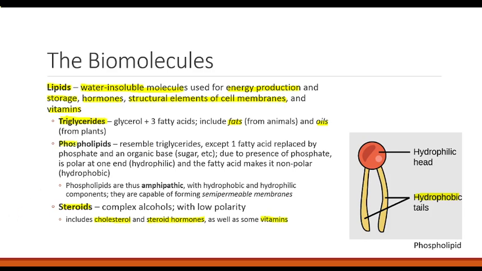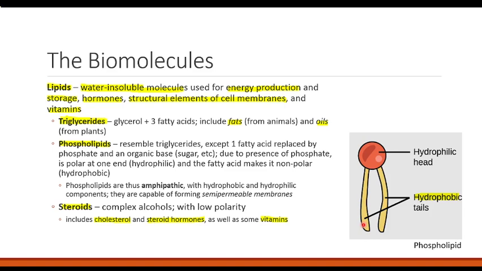Finally, we'll discuss some phospholipids. I will expound on this in discussions on the cell. Phospholipids have this representative structure here. We have this hydrophilic head, which is composed of a phosphate as well as an organic base, could be a sugar. And then these hydrophobic tails are made up of fatty acids.